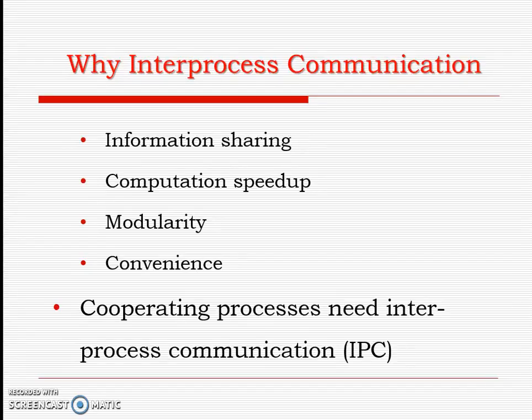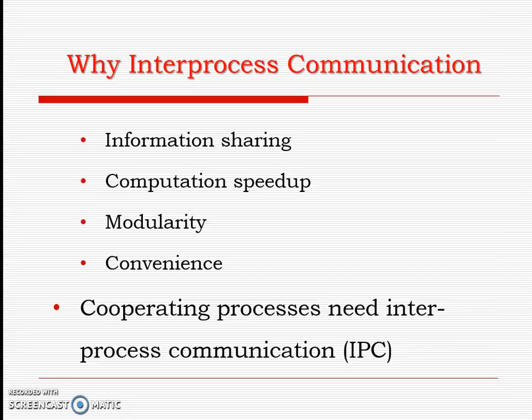For example, a process creates a child process. The child process has no need to create the functions defined in the parent process. You can just share them. So your parent process can communicate with its child processes. Through this communication, the parent process can share a lot of data. That's what I call information sharing.